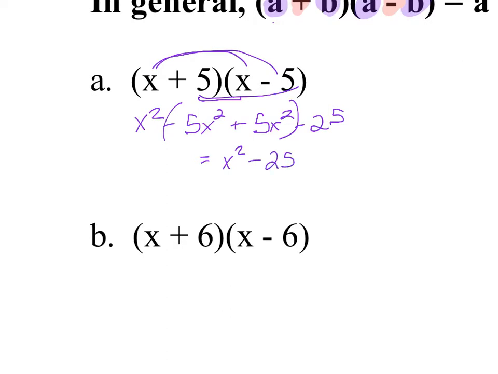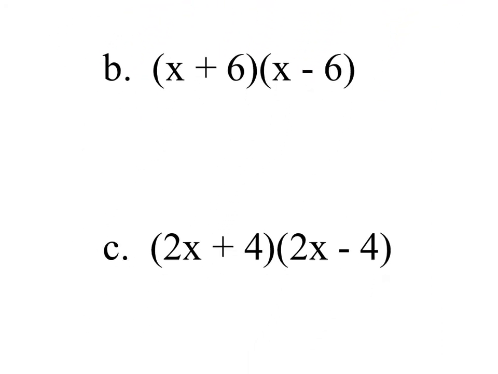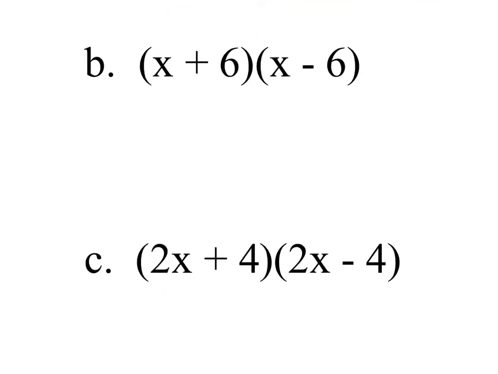Now notice that A is basically my x, B was 5, so I have a squared minus b squared. What's happening is when I have the same a and the same b with different signs, the middle terms are canceling and leaving us with just the outside terms.